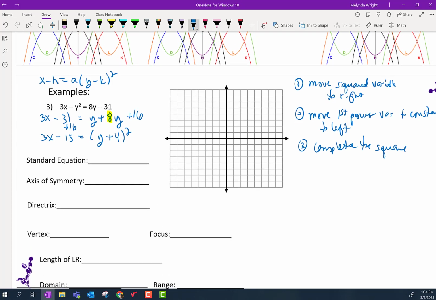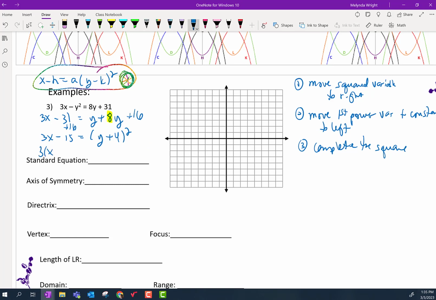Okay, let's compare it. We're comparing this to this. We're almost there. We're not quite there. On my standard formula, do you see a number in front of the x? Nope, not the standard formula. I do in this formula I have here, so that's a problem. So I've got to make it look like that, so I've got to factor the 3 out.